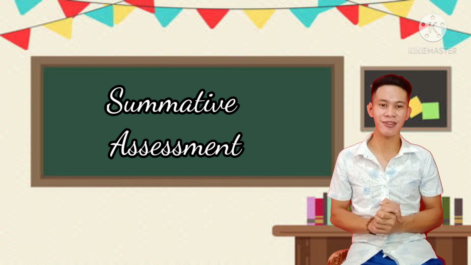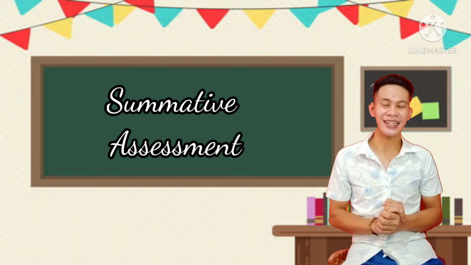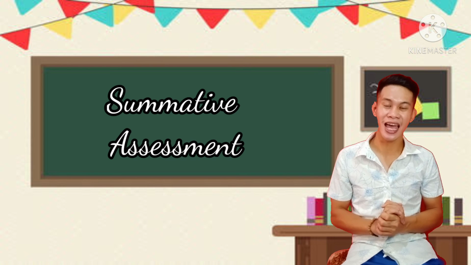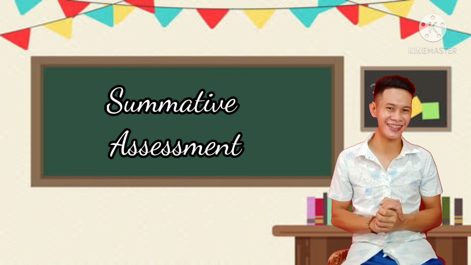Summative assessments are often high stakes, which means that they have a high point value. Examples of summative assessments include a midterm examination or a final project. So don't forget that summative assessment is assessment conducted at the end of the unit.